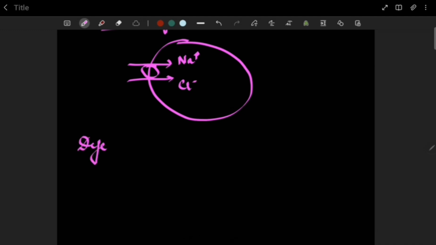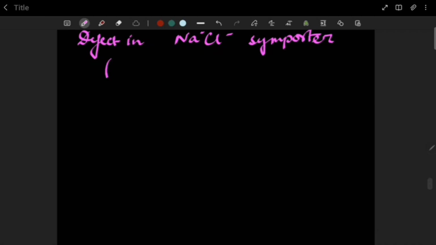So Gitelman syndrome is the defect in this sodium chloride symporter, and in Gitelman syndrome there will be less salt and water wasting, because that sodium potassium 2 chloride channel is a much more potent and significant channel for sodium, chloride and potassium absorption, whereas this sodium chloride importer is less significant, so there will be less salt and water wasting.